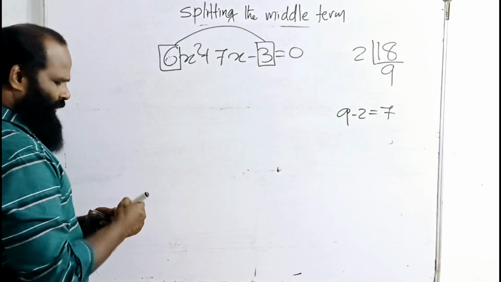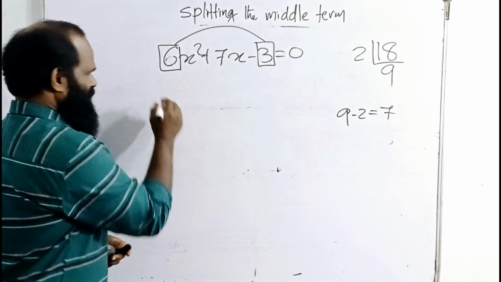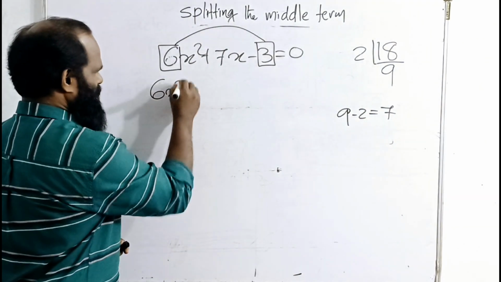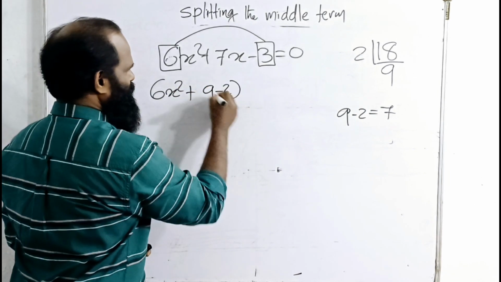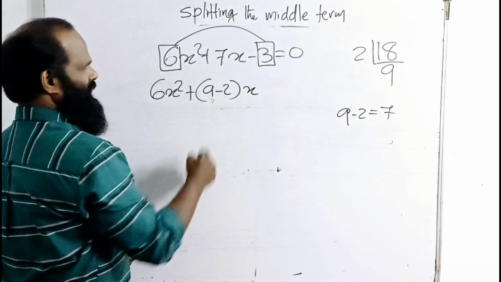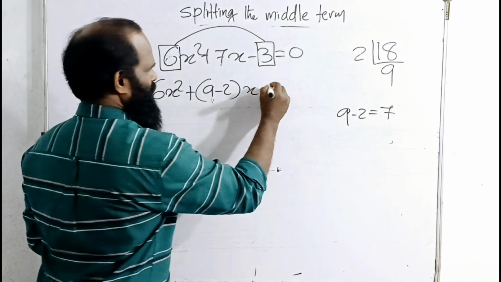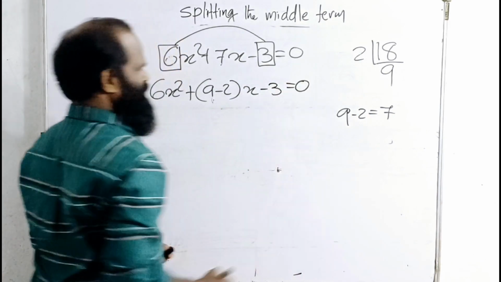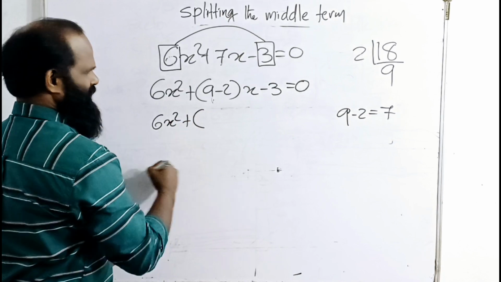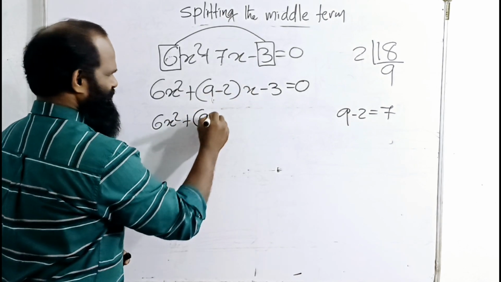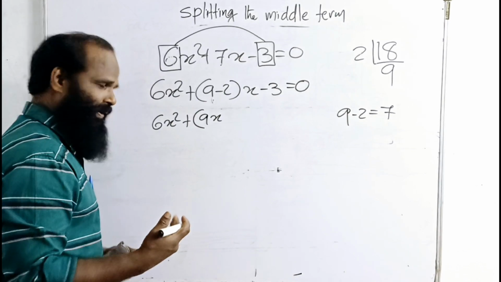So we are going to split number 7 by means of 9 and 2. This is how we do. 6x square plus 9 minus 2 into x, 9 minus 2 into x minus 3 is equal to 0. 6x square plus 9x, or you may simply multiply without bracket.